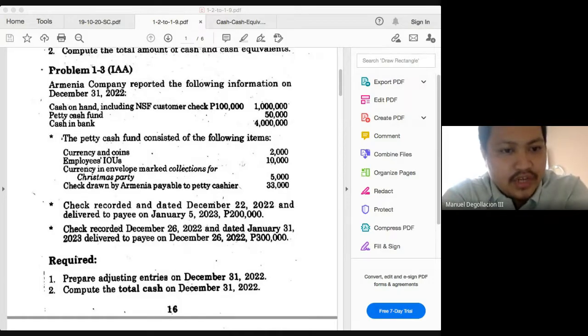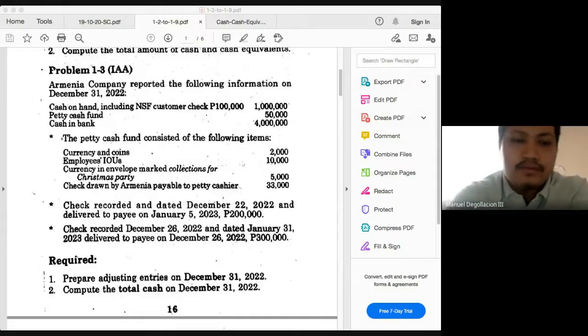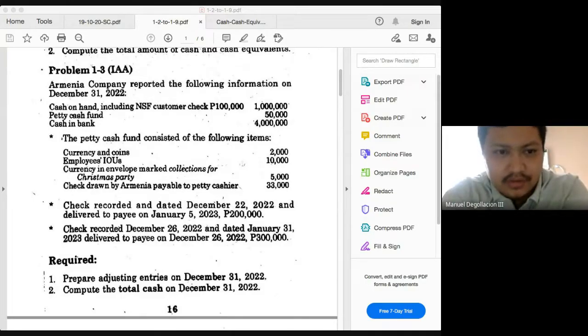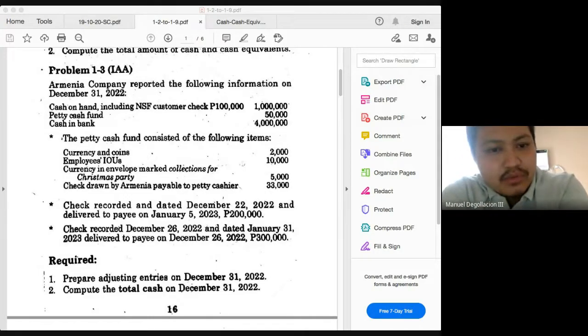Second, asterisk, check recorded and dated December 22, 2022 and delivered to payee on January 5, 2023 in the amount of 200,000. In this transaction, class, we are the payor, and we were the one making the payment, and the payment was already recorded on December 22.